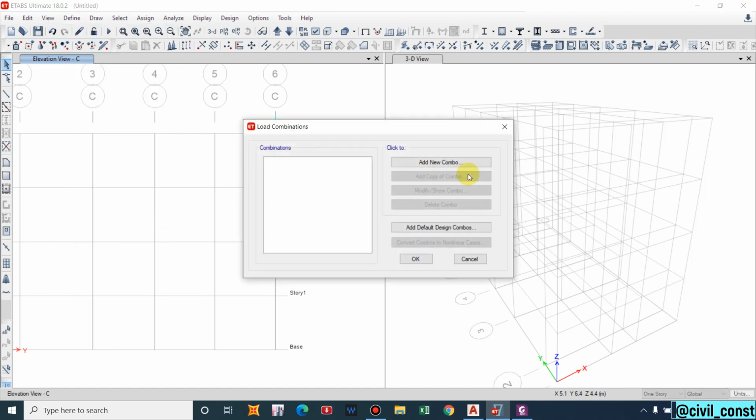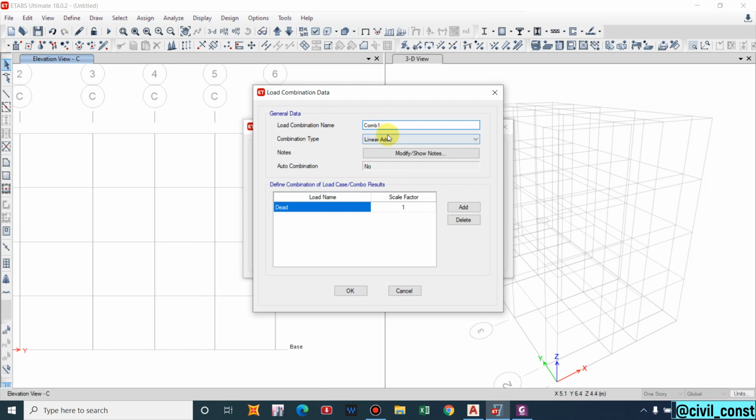Now for load combination, either you can use your default load combination or you can make your load combination by adding it manually. So I'll show you load combination. So dead load plus live load, it may be a load combination.